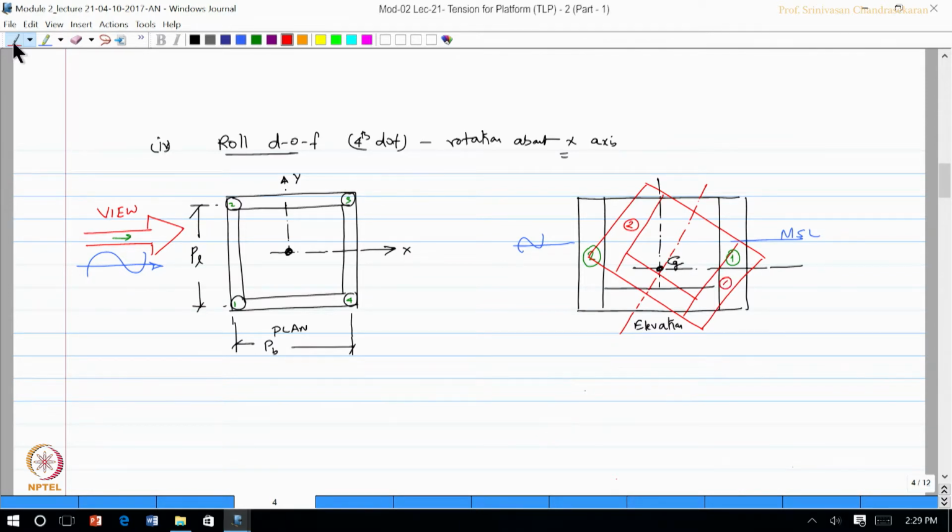Initially, I had some tension in these legs, which I call T0 plus delta T4, where 4 stands for the fourth degree of freedom. Now, there will be new tension in these legs. These values will be T0 plus delta T4 and T0 plus delta T4 dash. The original buoyancy center was exactly acting here.